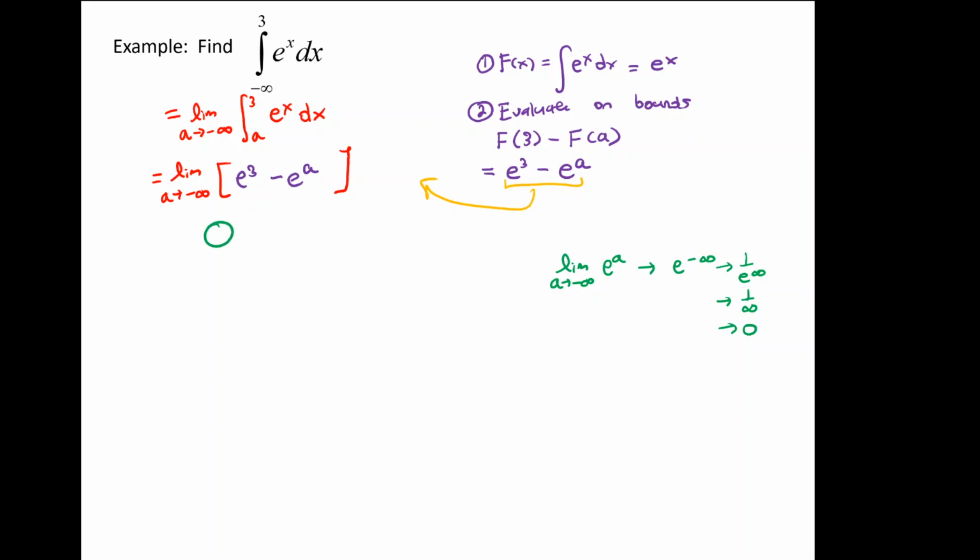So we get a 0 for the second piece. The first piece stays as it is. It's limit of a constant, limit of e to the 3. It's just e to the 3. So e cubed came out, and we would say that this integral converges to e cubed.